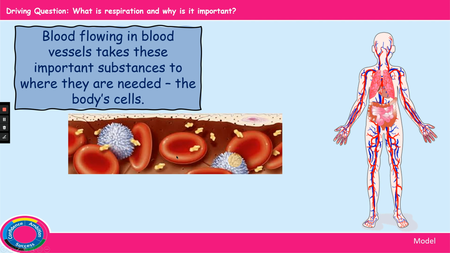So we need our circulatory system. After digestion, after we've had the oxygen in the lungs, they enter the circulatory system. But then how do they get from the circulatory system into the cells? For example, the oxygen carried on the red blood cells, how does it get into the cells where it is needed?